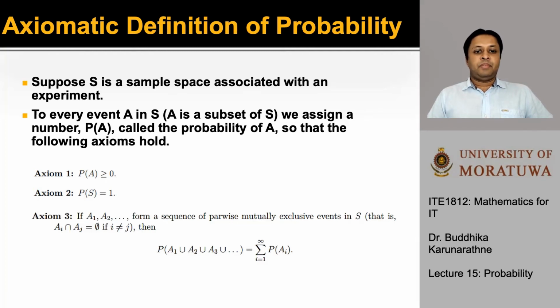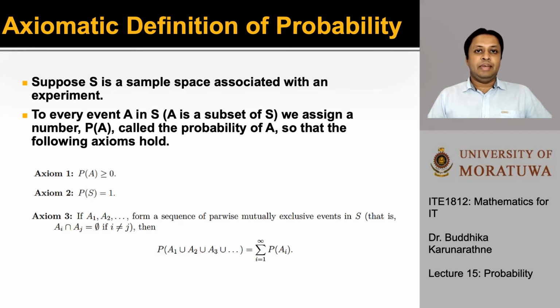Axiom 3 tells us that if there are multiple events, A1, A2, and so on, which are a sequence of pairwise mutually exclusive events within S, so that the intersection of any two of these events has no elements, meaning they are empty sets, then the probability of the union of A1, A2, A3, and so on is equal to the summation of all the probabilities taken separately.